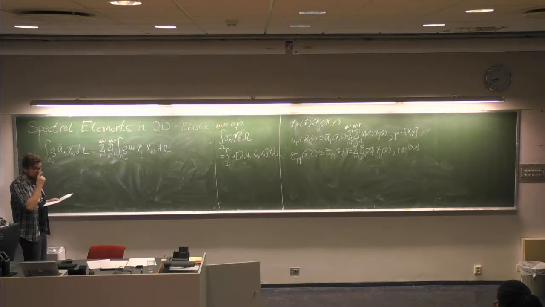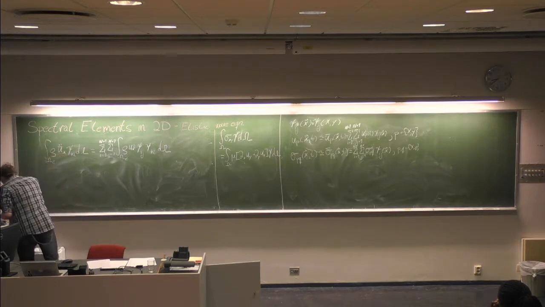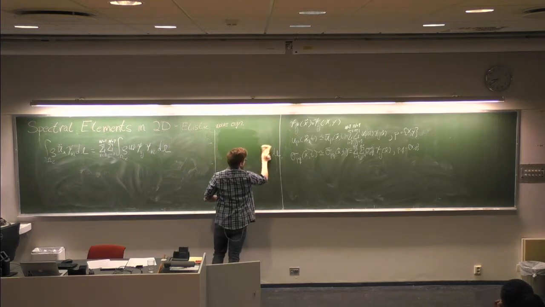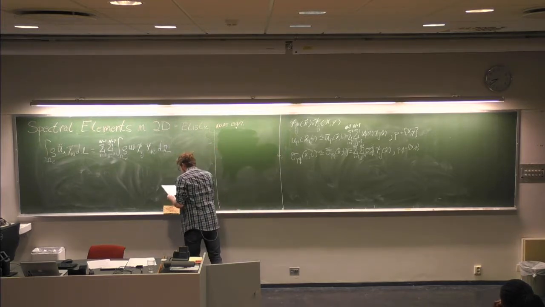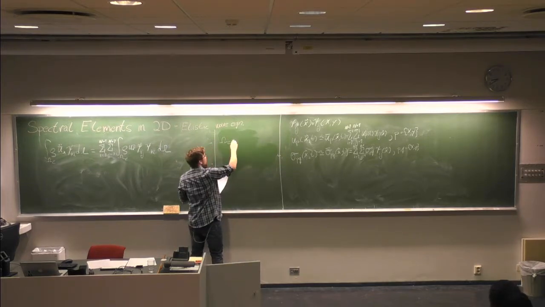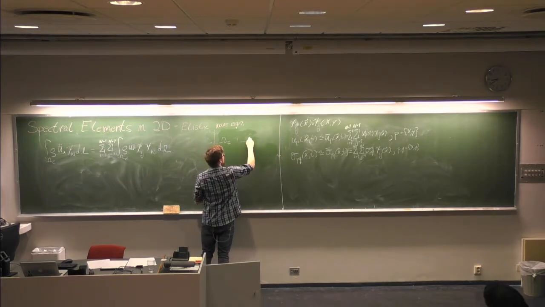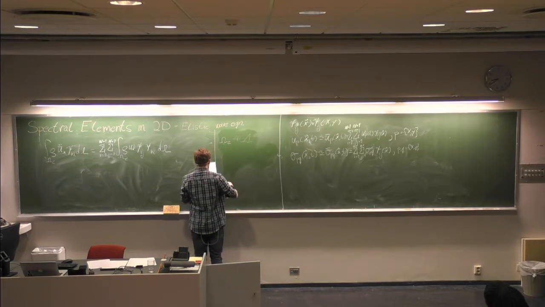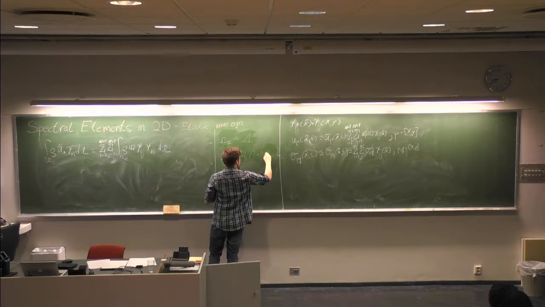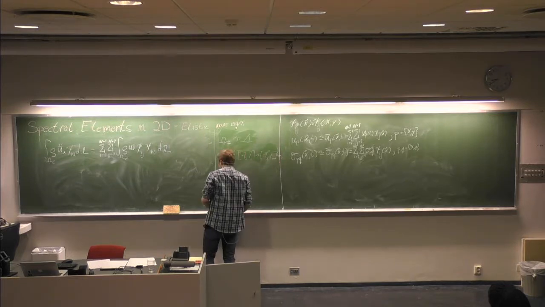And again, we need to have a reference element. This time we will use a 2D reference element. Again, we'll call it lambda, but it will look kind of different. So we want to go from this element here into an element here. And this lambda has to be a two-dimensional element. Minus 1 to 1, times minus 1 to 1.